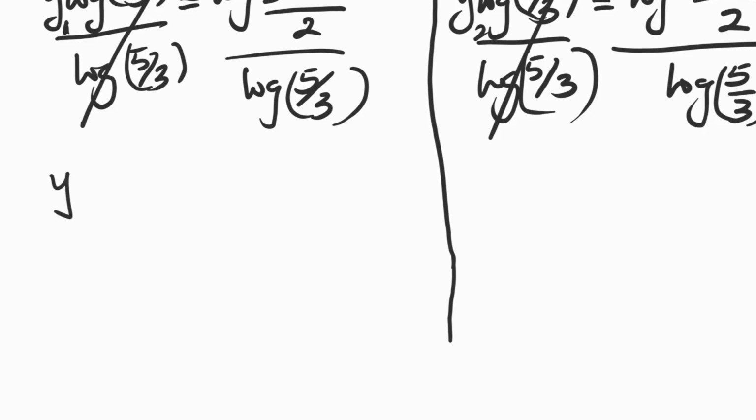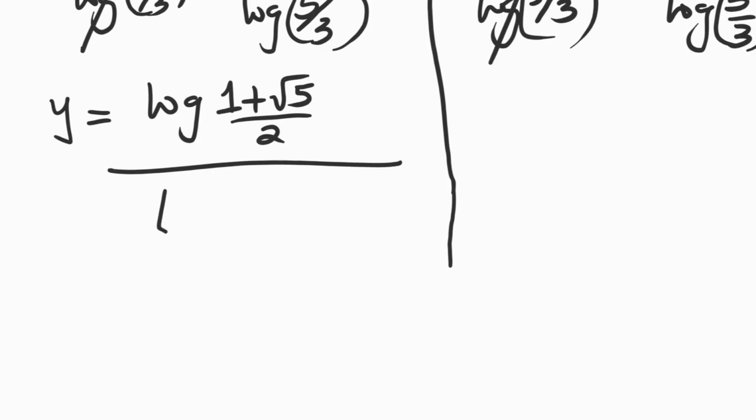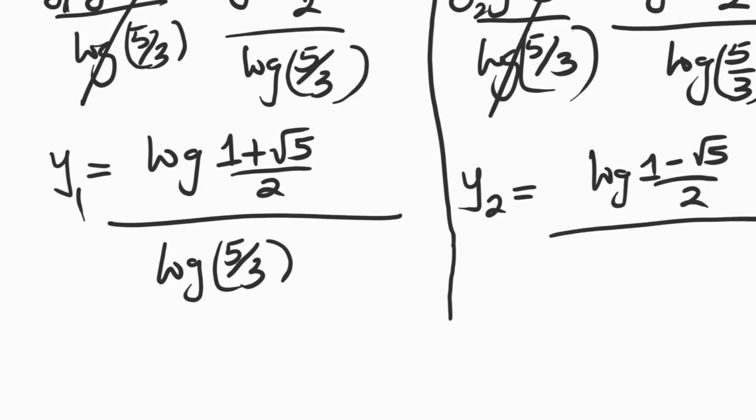Now, our y1 is equal to log of 1 plus root 5 divided by 2 divided by log of 5/3. On the right hand side as well, we have that our y2 is equal to log of 1 minus root 5 divided by 2 divided by log of 5/3.